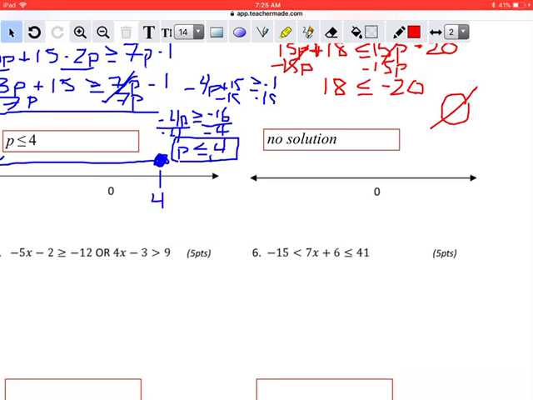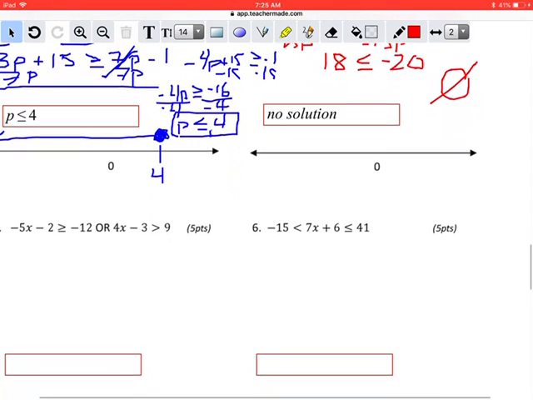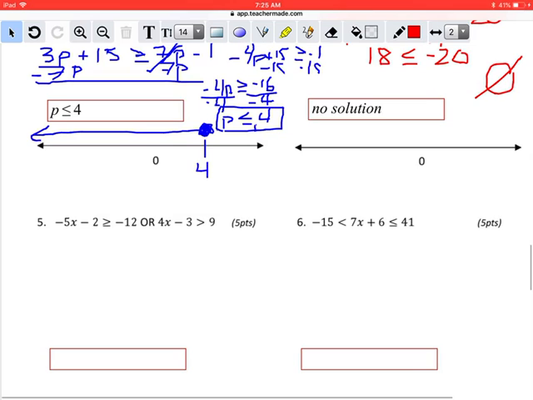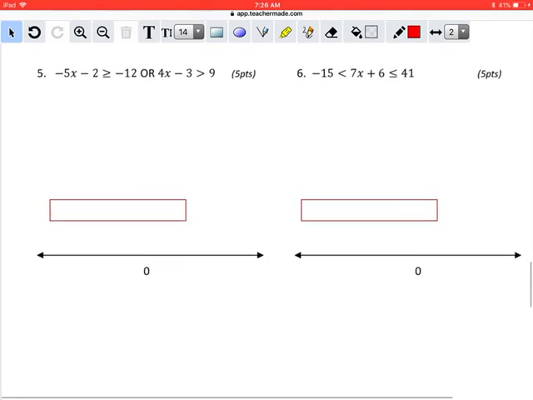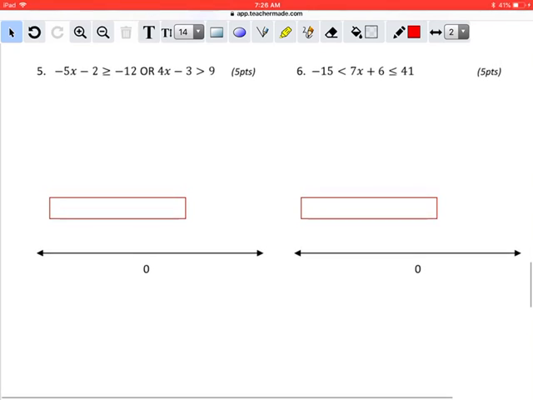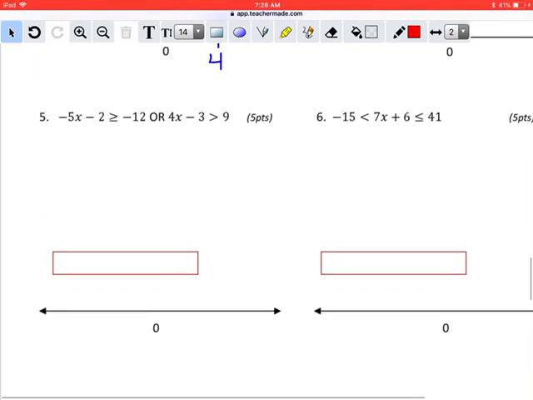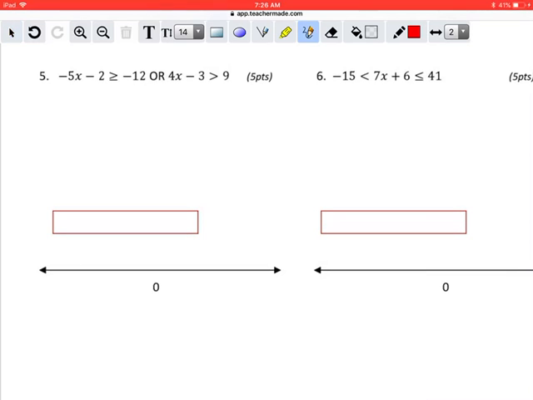So hopefully that makes sense so far. So number 5, let's go to number 5 here. These two are compound. So again, when we talked about these, if it's or, you just do them separately. Okay, so on the left side here, I've got 5x.